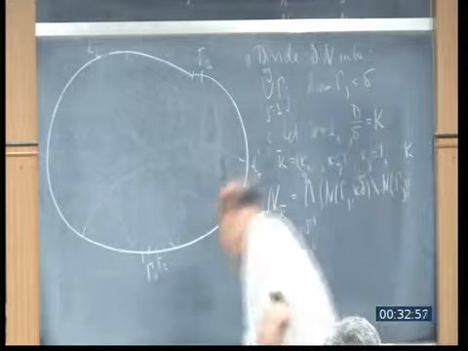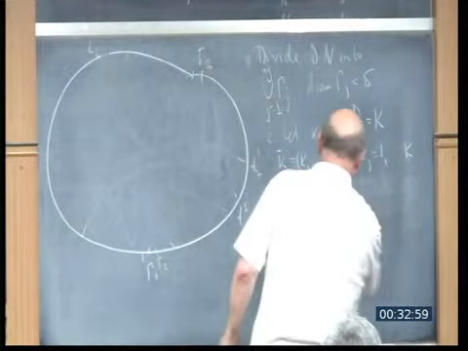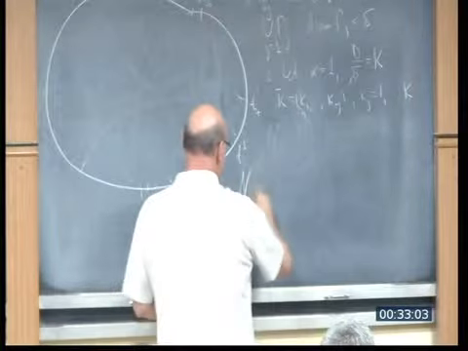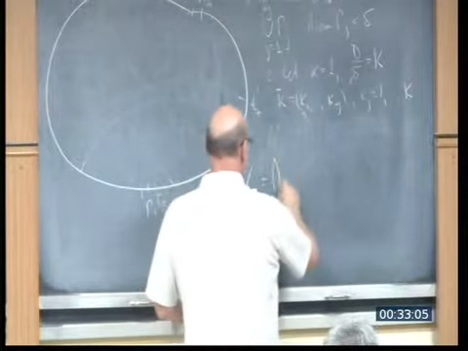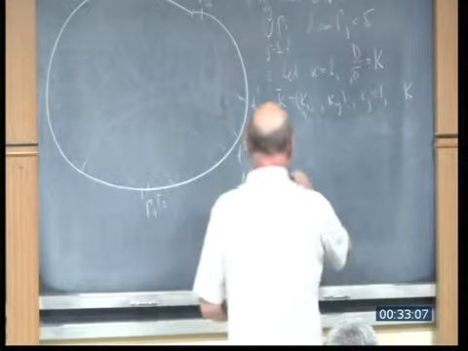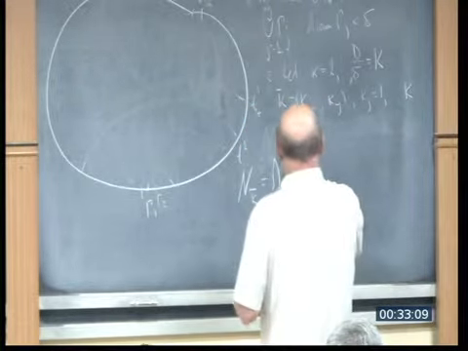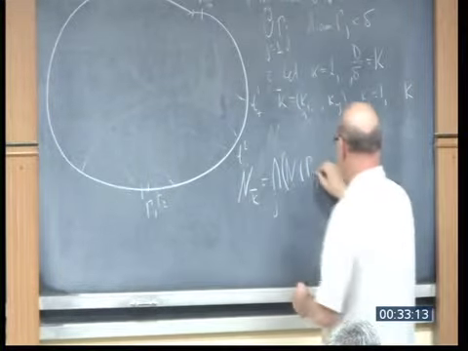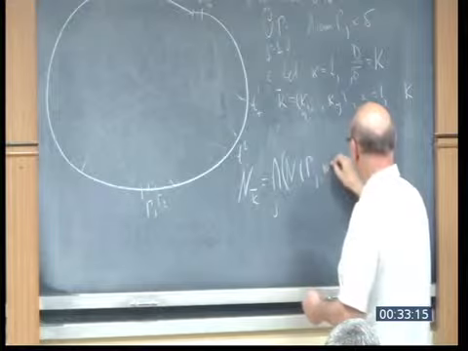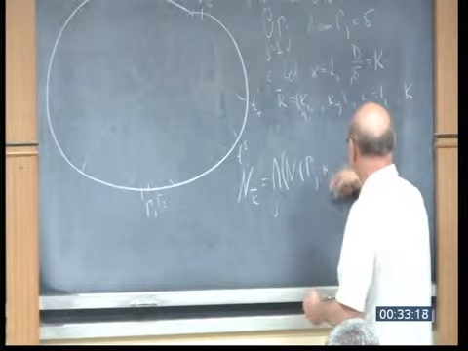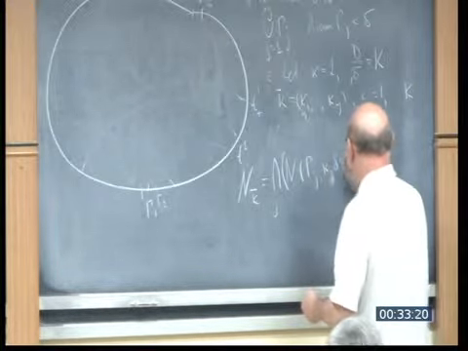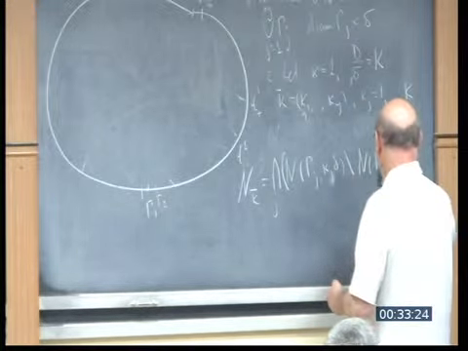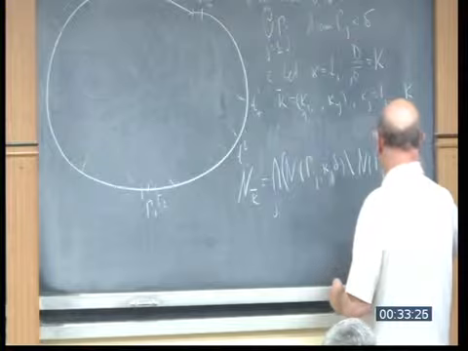Well, it's an important thing, so let me write it more carefully. In big letters, N_k is the intersection over j of N of Gamma j, k_j delta, minus N of Gamma j, k_j minus 1 delta.